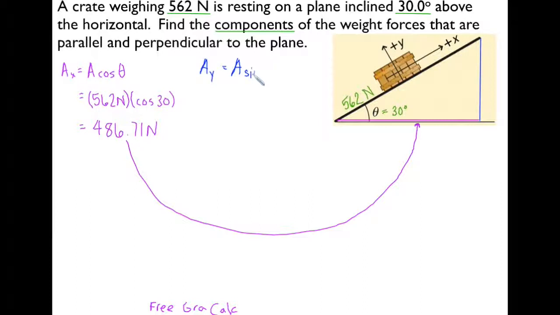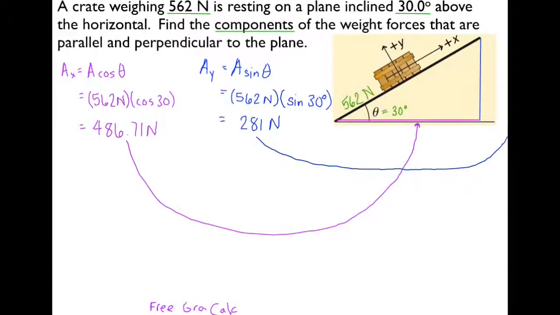We do A sine theta. Our A is that 562 newtons, and the angle is 30 degrees. And you end up with 281 newtons. And that's going to be this part right here of your vector.